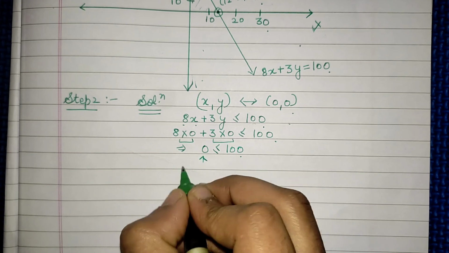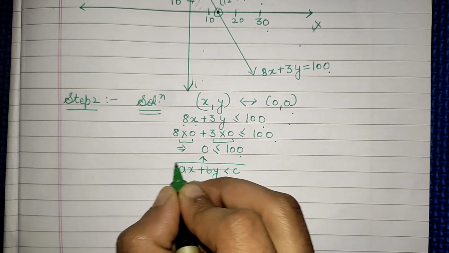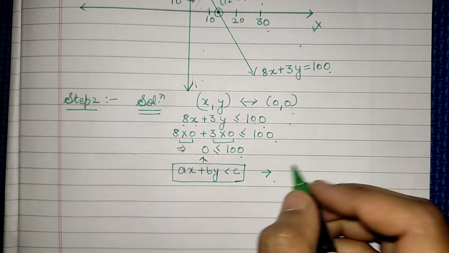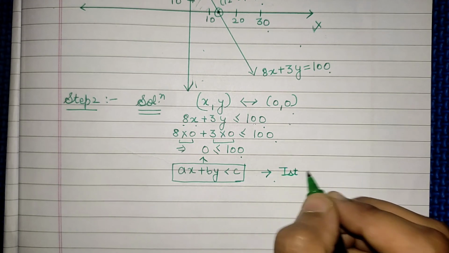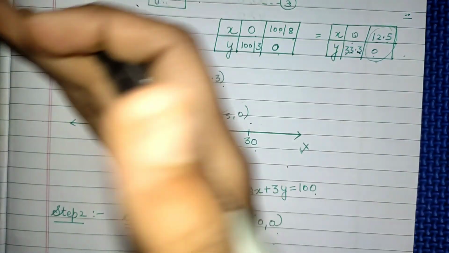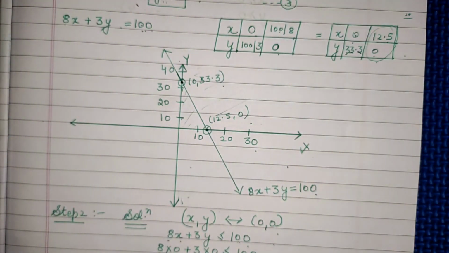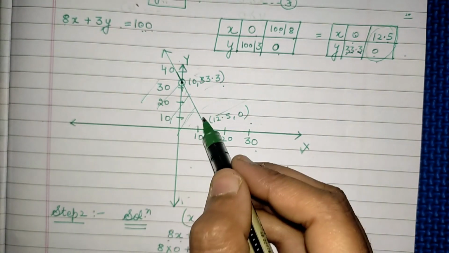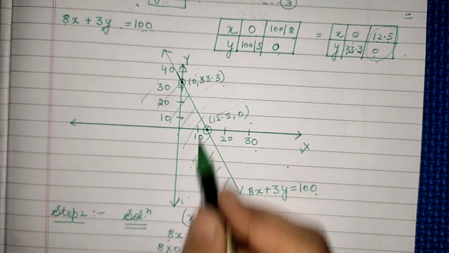Now compare this with my standard equation, which is ax plus by less than c. Then that means my solution will be in the first plane. So where will my first plane be? The first plane is always towards the left hand side of the line, and the second plane is always towards the right hand side of the line. So my solution will be towards the left hand side of the line. So can this complete part be my solution?